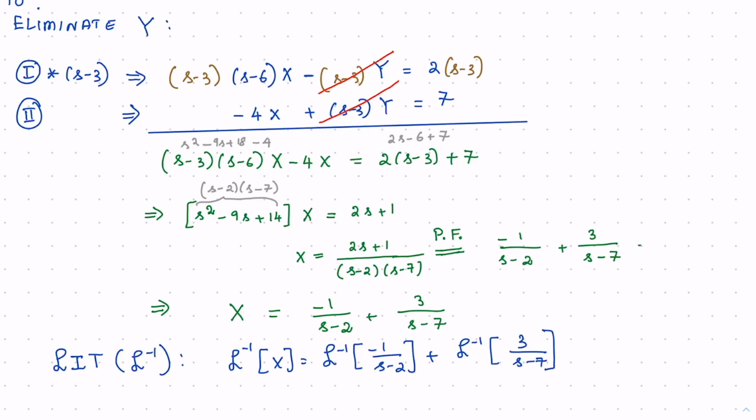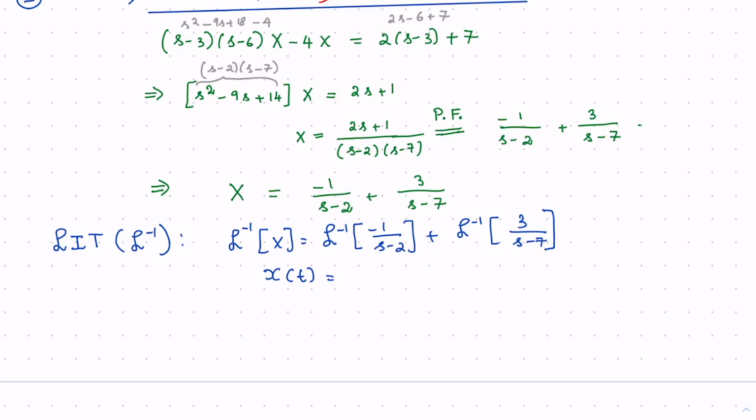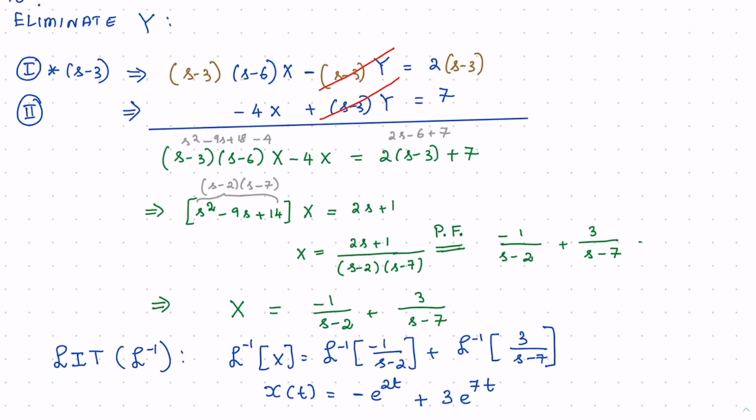And if you do that, then I am going to have x as a function of t equals the Laplace inverse of negative 1 over s minus 2. If you recollect the formula, that is negative e to the 2t, and the Laplace inverse of 3 over s minus 7 would be 3 times e to the 7t.